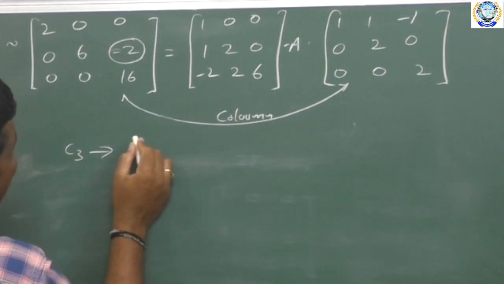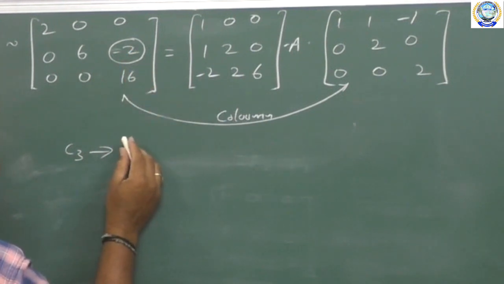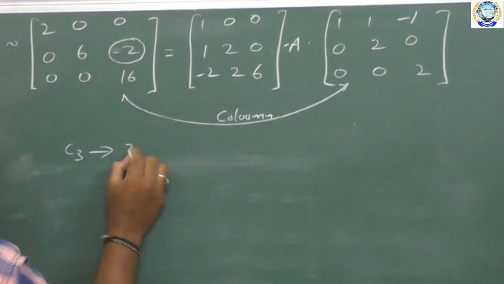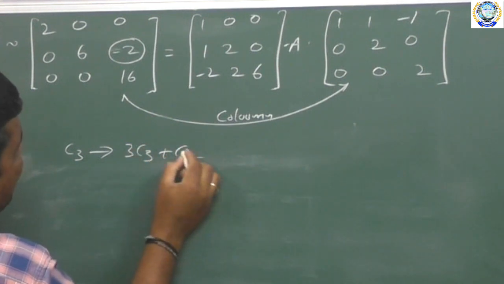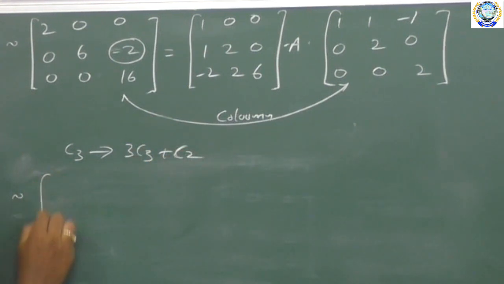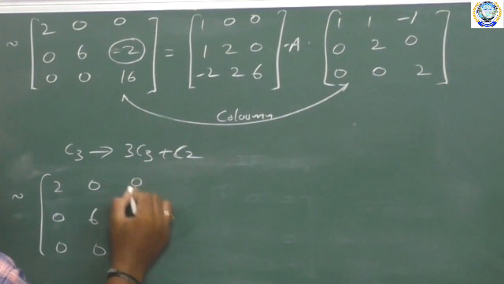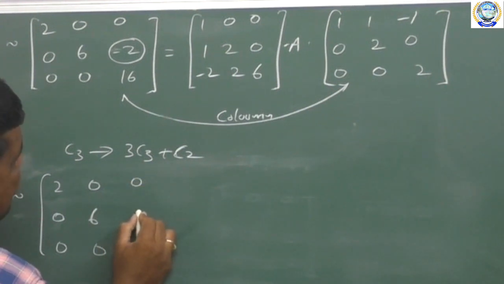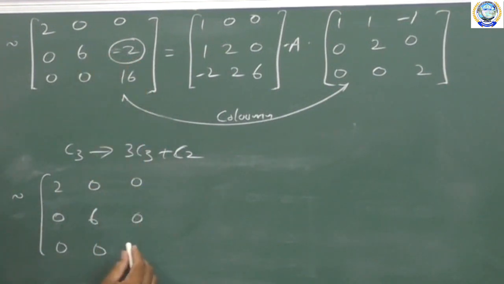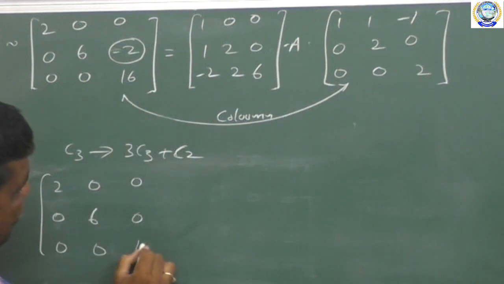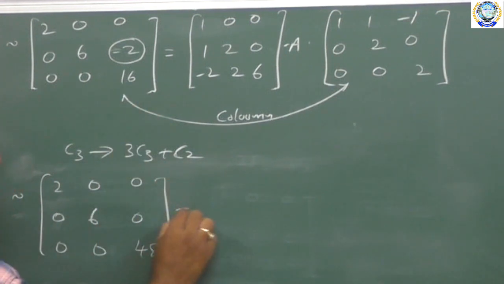In place of C3, we use 3C3 plus C2. So first two columns are as usual. In the third column, we write 0 0, minus 6 plus 6, 0. 3 into 16 is 48.